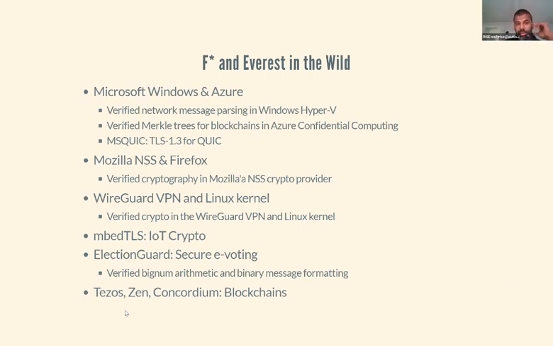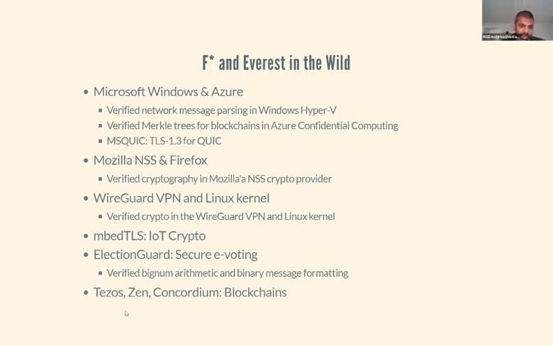Verified Merkle trees in F* are part of Azure Confidential Computing, one of a blockchain used in that technology. We provide an implementation of the TLS components of QUIC, a new internet communication protocol, to a Microsoft implementation of QUIC called MsQuic, and several others.